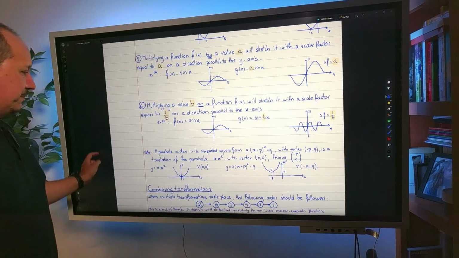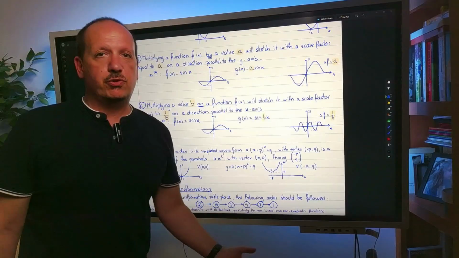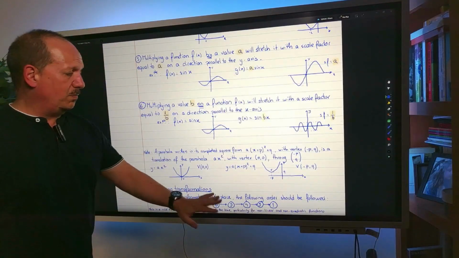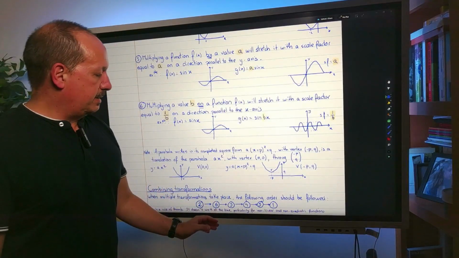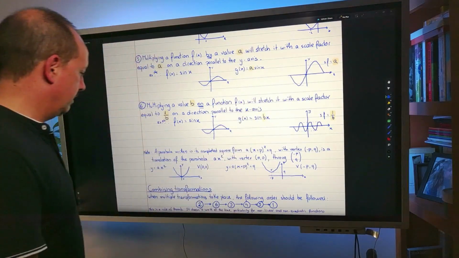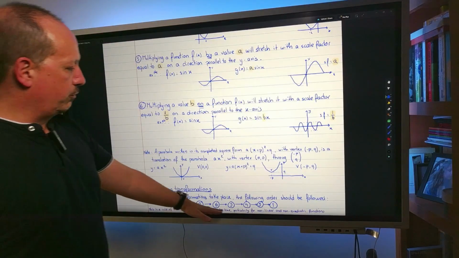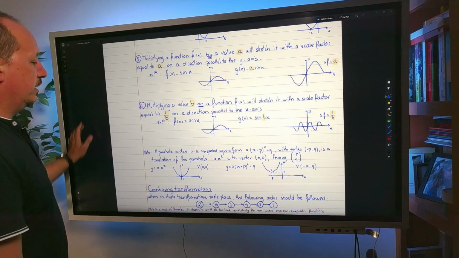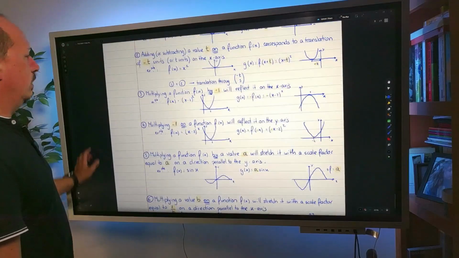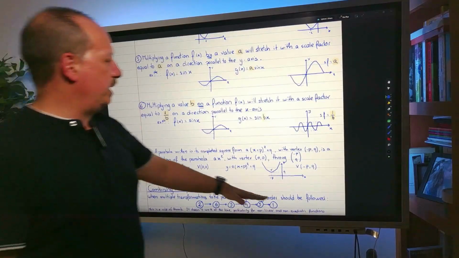All right? Let's say that you want to do now a combination of various transformations. This happens most of the time, but it's just a rule of thumb. It's not one of those established mathematical rules. The order by which you would have to follow is this over here. So, well, let's just go through the numbers. 2, 6, 5, 4, 3, 1.